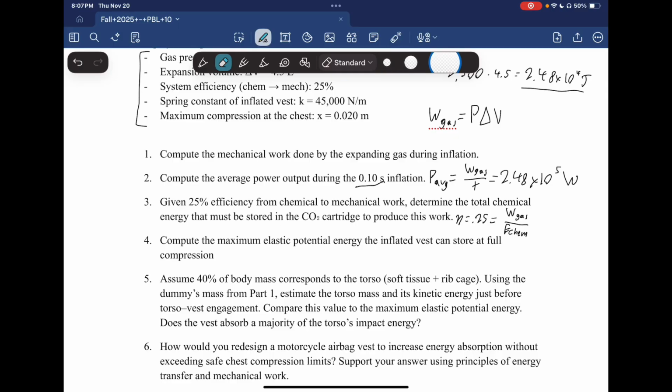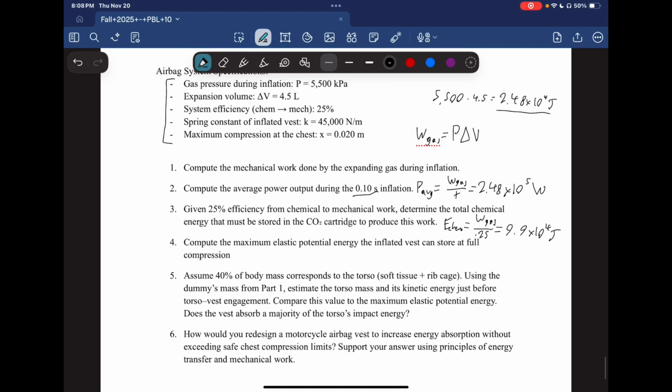So rearranging this, we can say that our chemical energy is equal to the work done by the gas divided by our eta, which is 0.25. And then this equals 9.9 times 10 to the fourth joules.